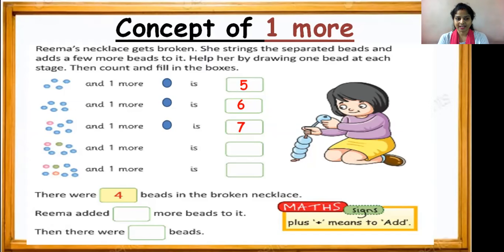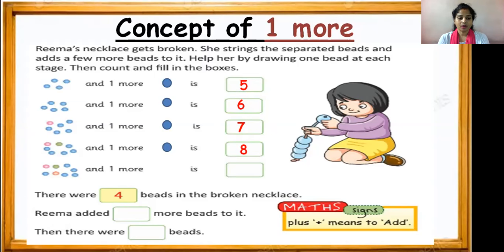7. Right. Now again, if she has 7 beads and she is taking one more bead, now how many beads she has? 8. Obviously, if she has 7, one more means the next number. And the next number of 7 is 8.